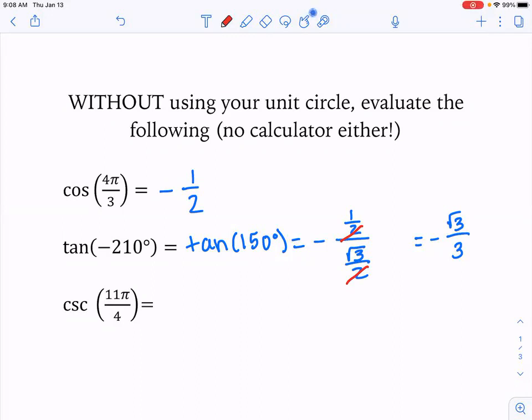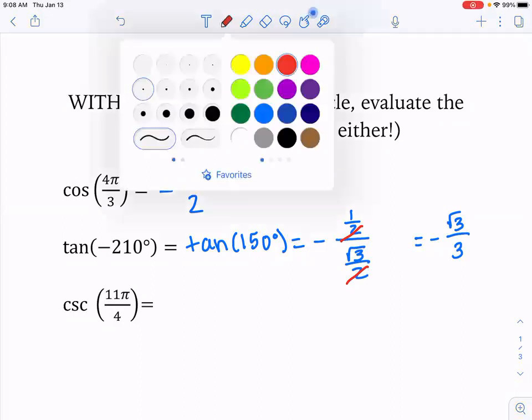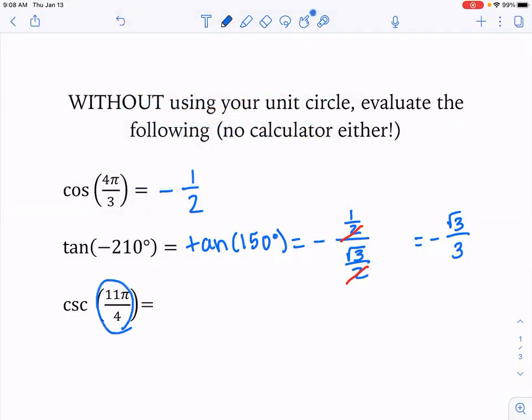All right, now 11 pi over 4. I feel like that's more than one rotation, right? What's its coterminal angle? If we subtract 2 pi, it's the same as what? 3 pi over 4? Awesome.